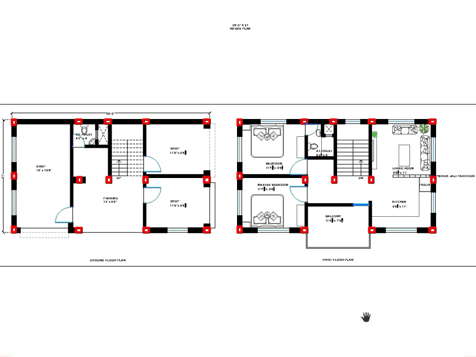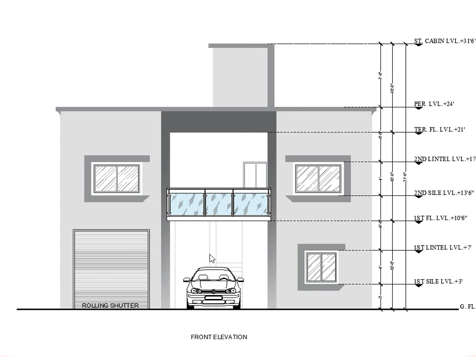Let's see the front elevation and how we treat an architectural icon. So let's see the elevation. This is the overall elevation. Here is the main entry, which I already mentioned in the video. Here is the parking portion.